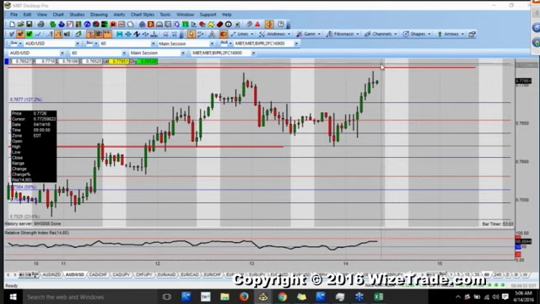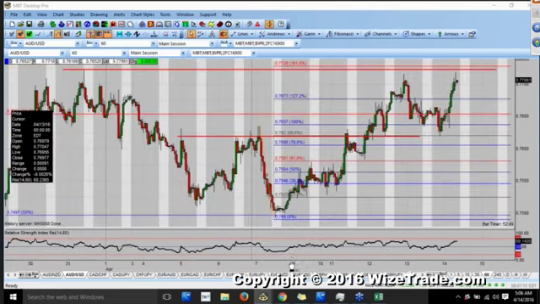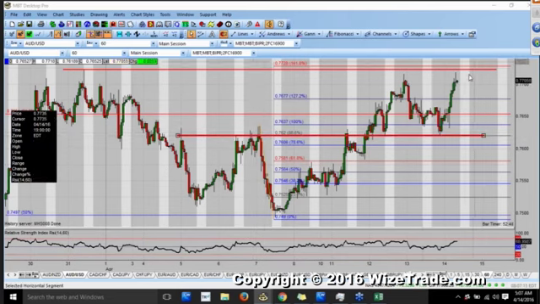So there's resistance, 77.20, support. I mean, we have to write down 76.20, right? Yeah, we do. So 77.20, 76.20.